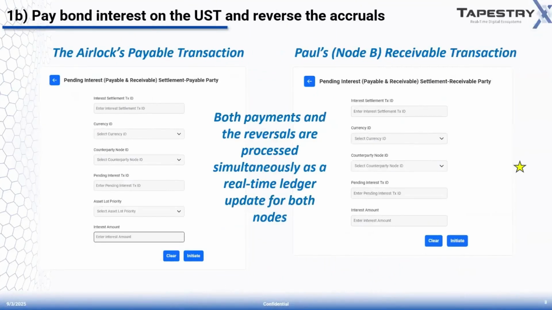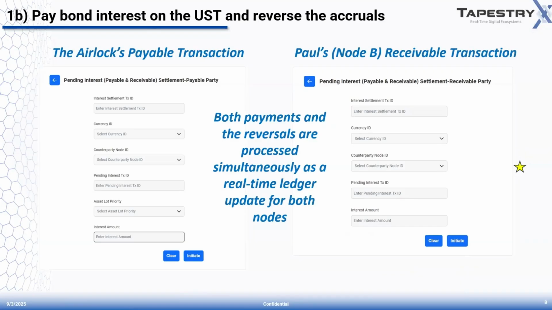Now looking at how we focus on the transaction, we've got effectively a pending interest payable receivable settlement. And effectively what we're saying is that we're going to now pay the interest and reverse the obligations. So you're recognizing that the obligation is being met.